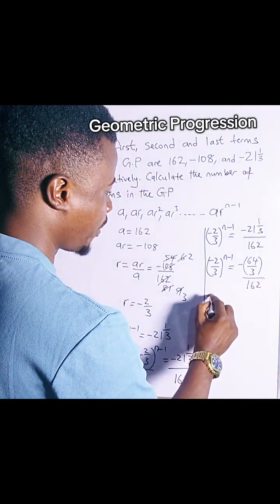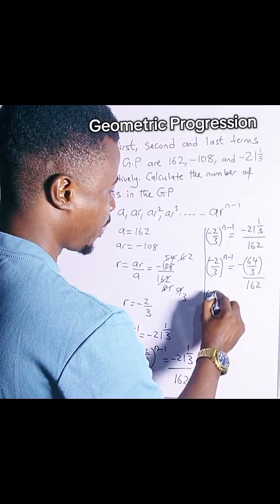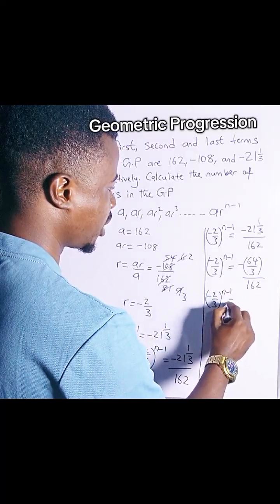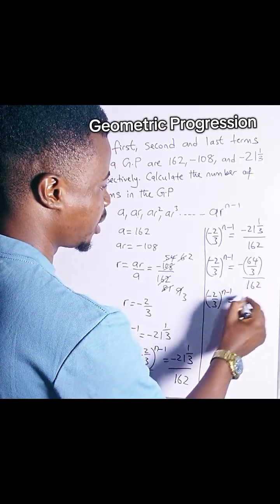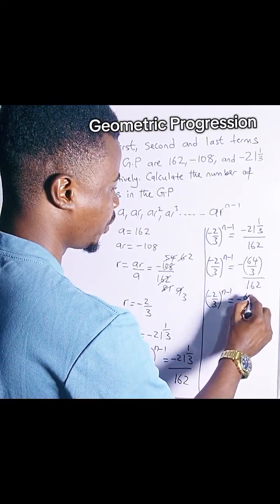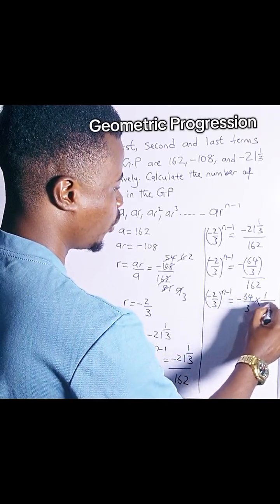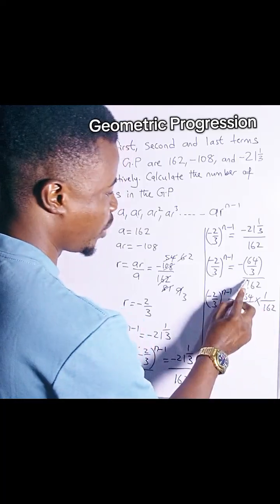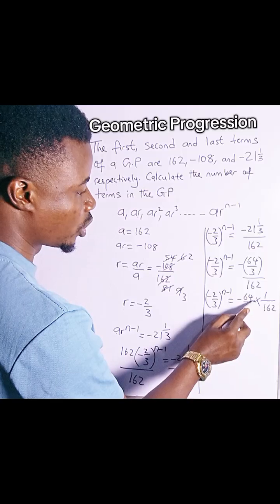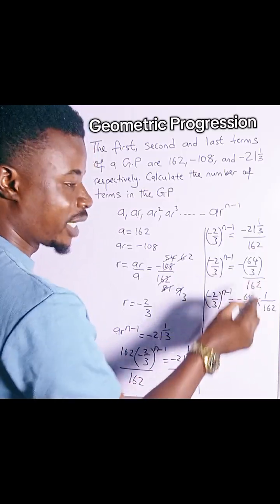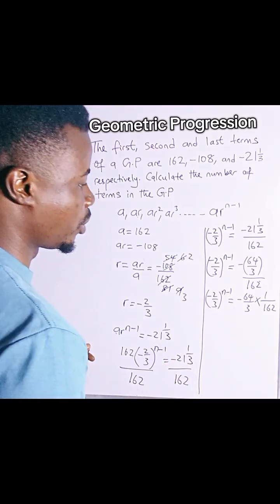So minus 2 over 3 to the n minus 1 is equal to minus 64 over 3 times what? We are dividing by 162, so to turn it to multiplication, you invert the fraction, it becomes 1 over 162.